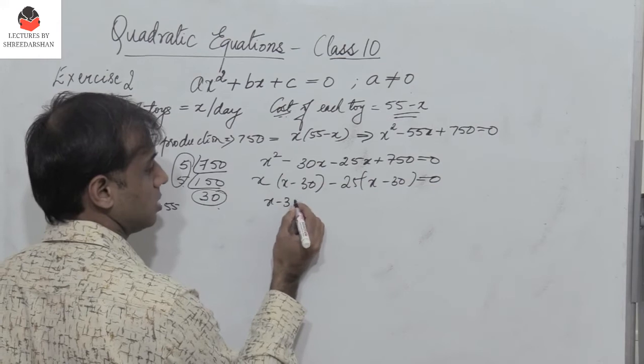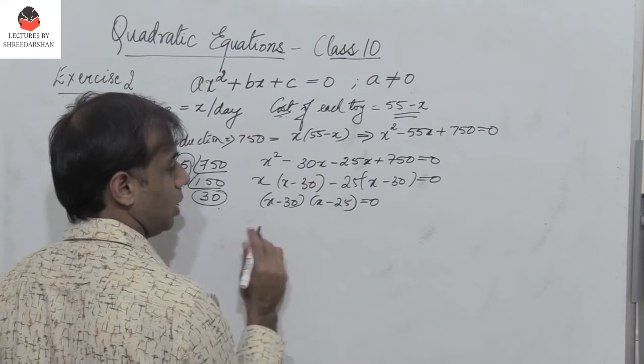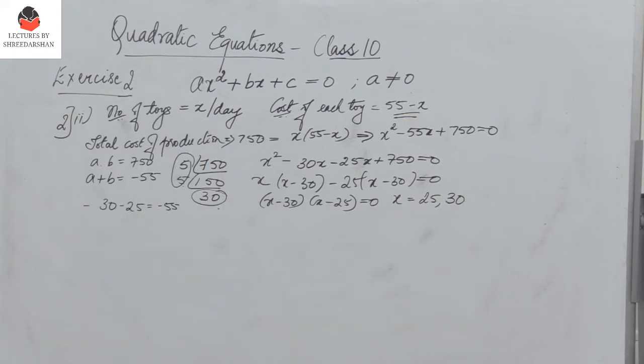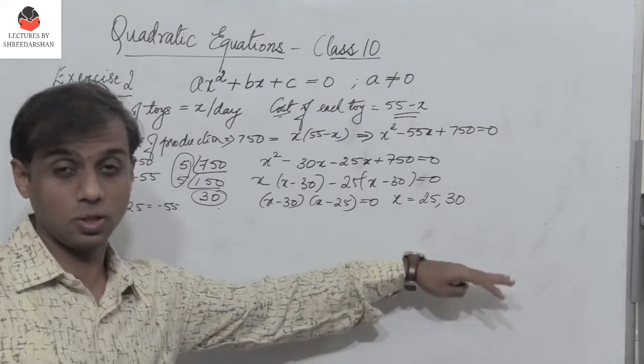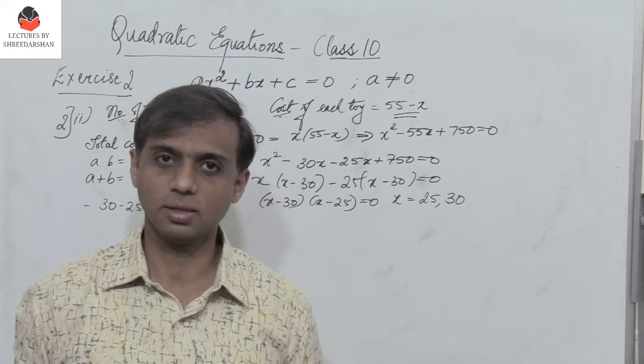So x minus 30, x minus 25 equal to 0. And what is x? X is either 25 or 30. So the number of toys produced per day can either be 25 or 30. So both the answers are valid. So here we have a problem where we have two answers and both the answers are correct.